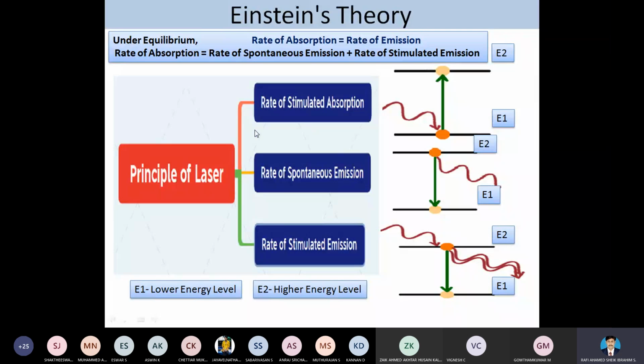According to Einstein's theory, the rate of absorption is equal to the rate of emission. Whatever input we give, that should be equal to the output. The rate of absorption equals the rate of emission.